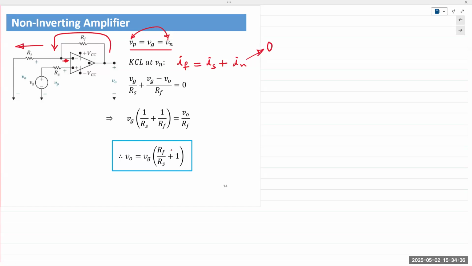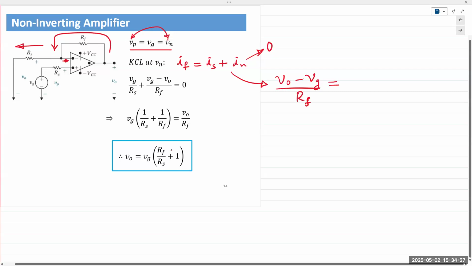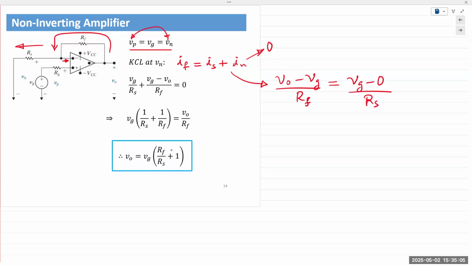Okay. So we rearrange the terms, again expressing each one of these in terms of the voltages. IF can be written as VO minus VG over RF, and that would be equal to IS. IS can be written as VG minus 0 over RS.